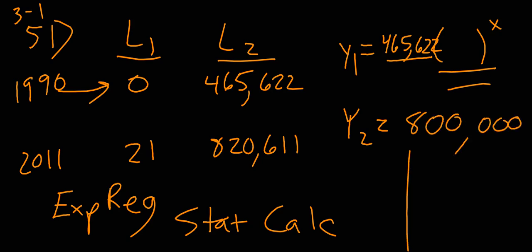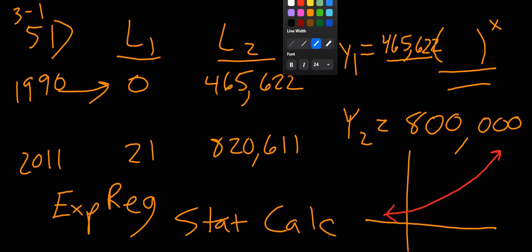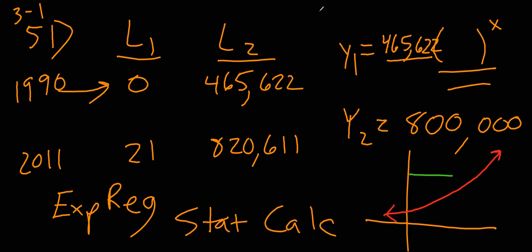what I'm going to be doing basically, and of course we're looking at quadrant 1 only. Okay, so we've got this exponential growth function that's doing something like this, and then we'll have 800,000 coming through here like this. And we want to know that place right there. Okay, so we're trying to find that. How do we do that? Calculate intersect.